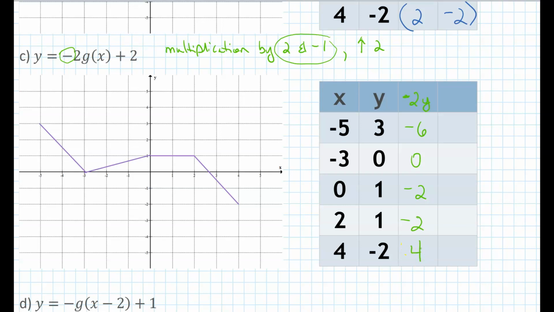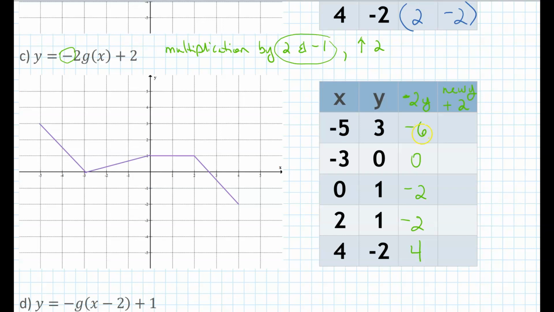So we took care of 2 of those things at one time just because it's easy to multiply -1 by the other value. So the next thing we have to do is shift up by 2. And again, does that affect x or y? Y. That affects y. So now what I'm going to do is I'm going to take my new y, that new column we just made, and I'm going to add 2 to all the values.